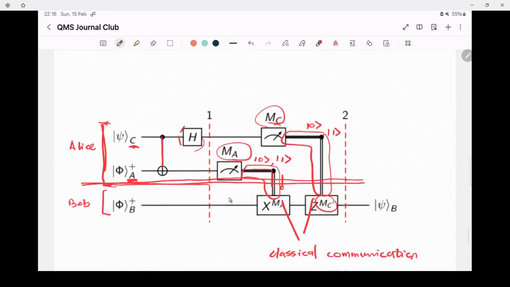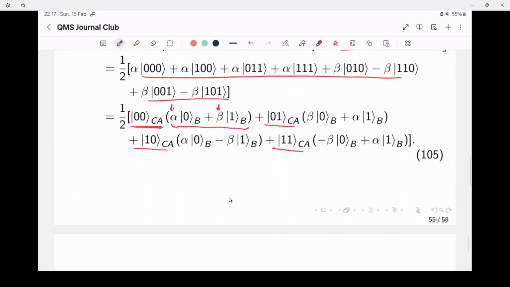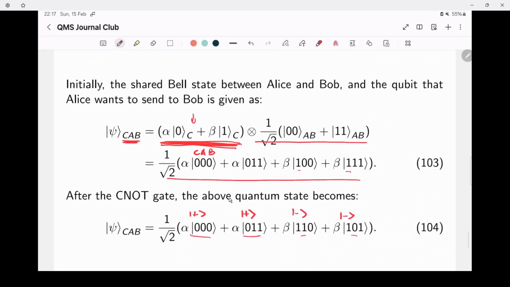And that's exactly why you need to perform these measurements. So a combination of MA and MC will tell you what kind of Pauli corrections you need to perform on Bob, so that you can get back the original information over here. This is the original information that you want to send to Bob.